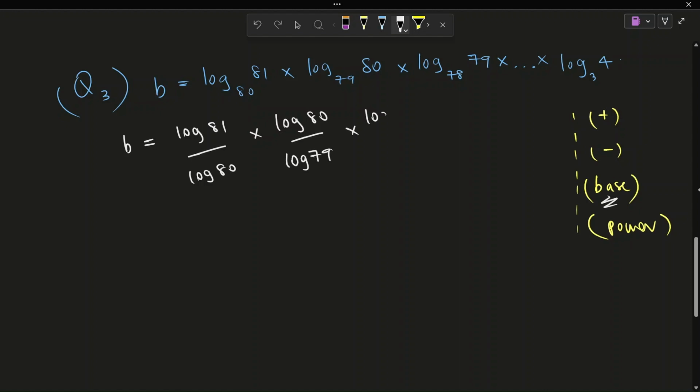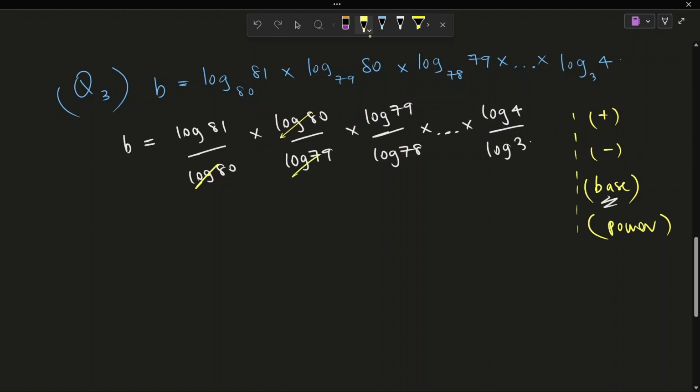The third one's going to be log 79 divided by log 78. And it's going to go on and on until log 4 divided by log 3. That's it. Now notice that the denominators of the previous base change and the following base change sort of cancel out, don't they? So the log 80 in this one is going to cancel out with the log 80 in this one.